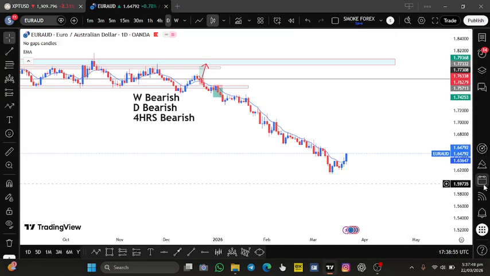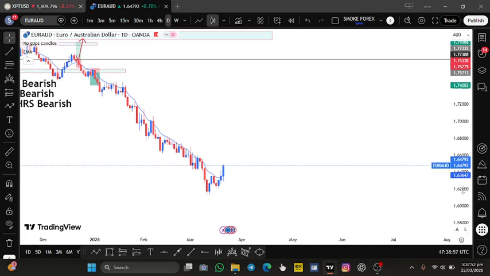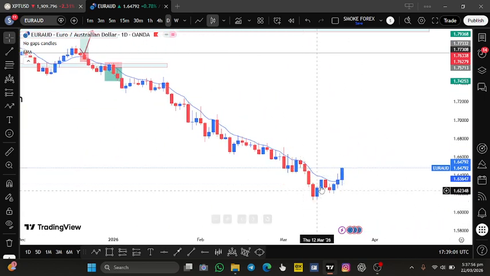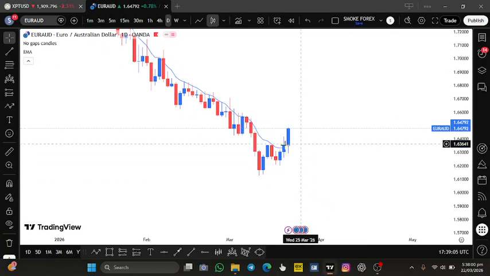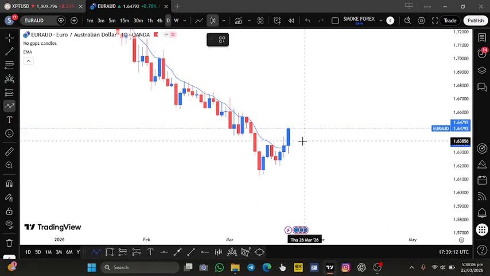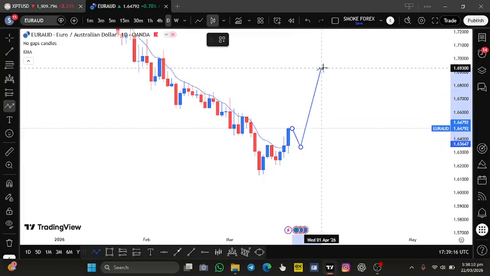On Euro AUD, it just did the same as the GBP AUD, with a double top, double bottom, price break. So we're just gonna wait for the retest. The retest is what we wanna see, and I'm going to enter.